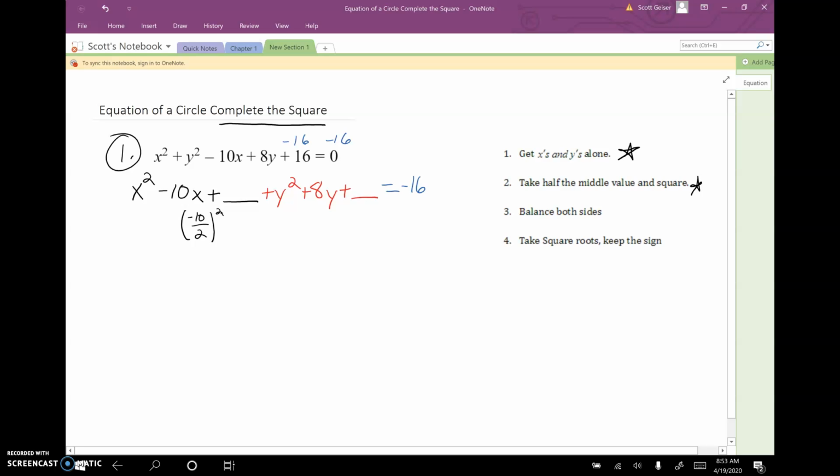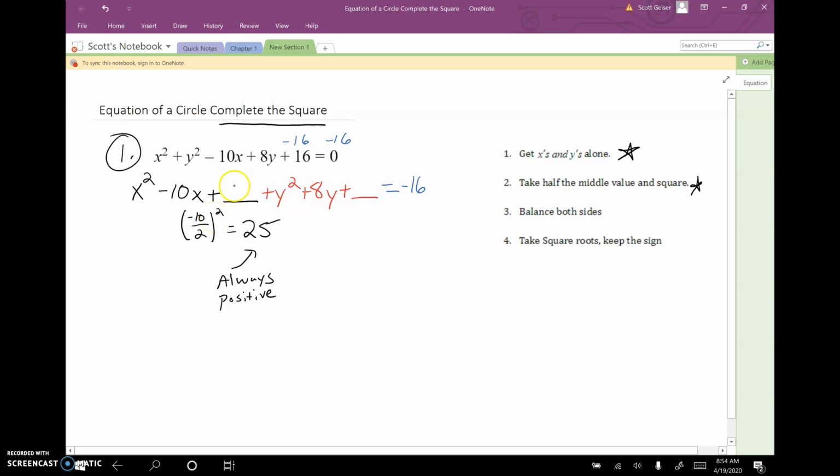Okay, negative 10 divided by 2 is 5. 5 squared is 25. This middle term, this is always positive. Because if I square anything, a negative number or a positive number, it's going to always remain positive.